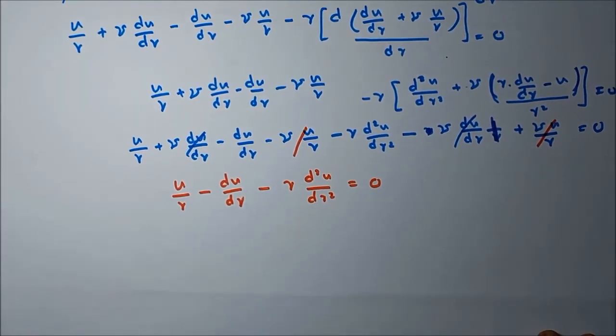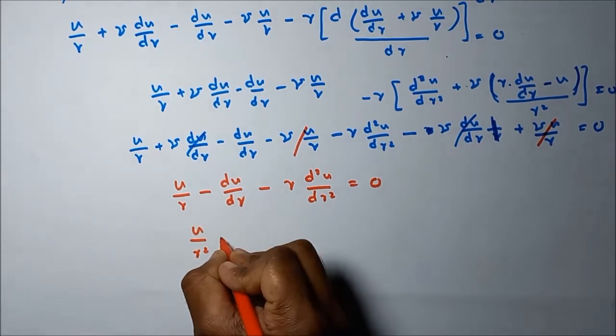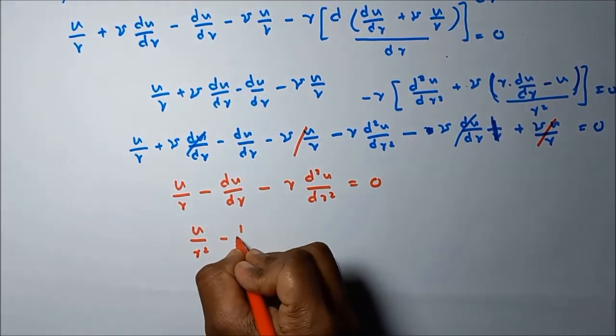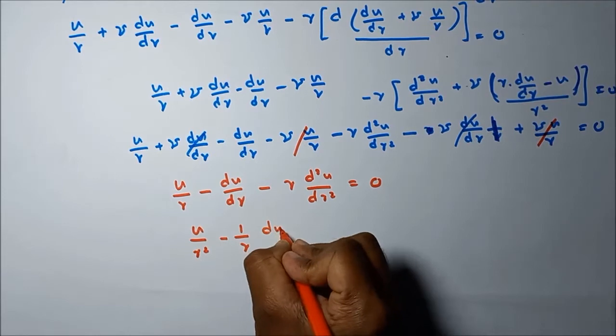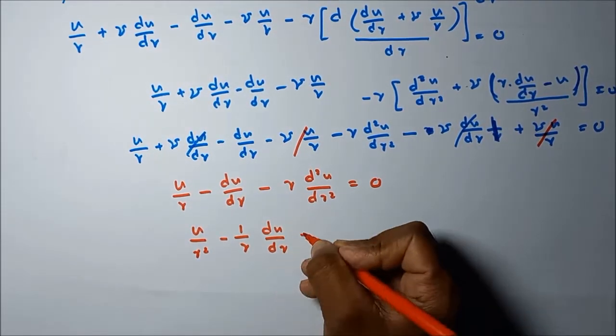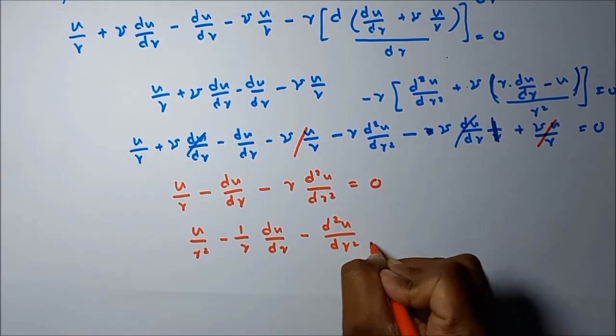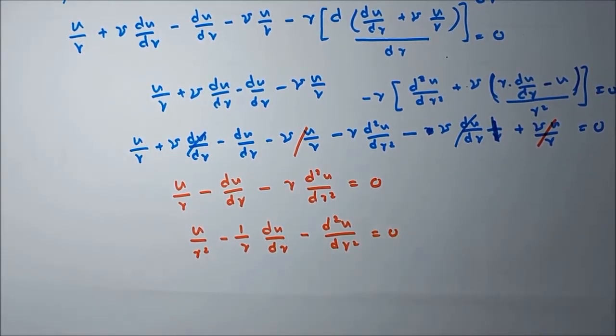So then the entire equation I am going to divide by r: u divided by r square minus 1 over r du over dr minus d2u dr square is equal to 0.